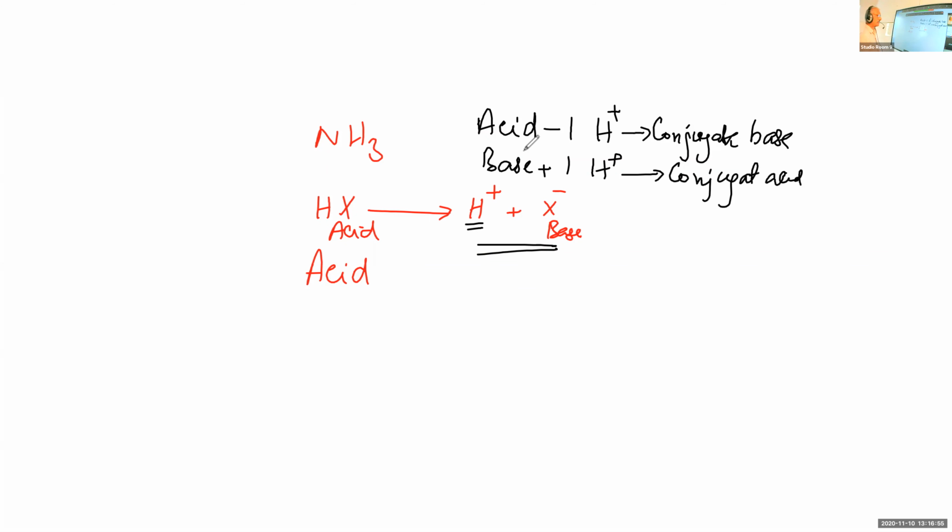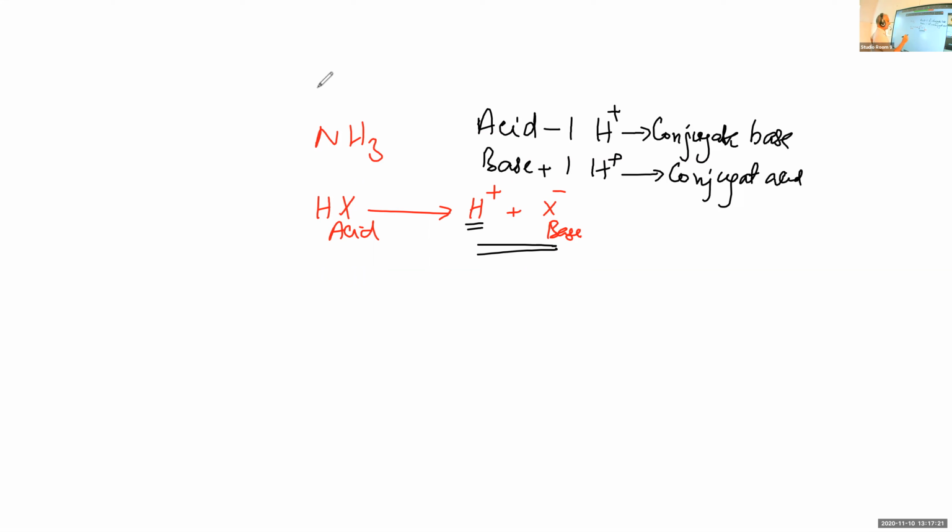So to get the conjugate base, you have to subtract one H+ ion. Then the product is a conjugate base. To get a conjugate acid, you add one proton, then you will get a conjugate acid.